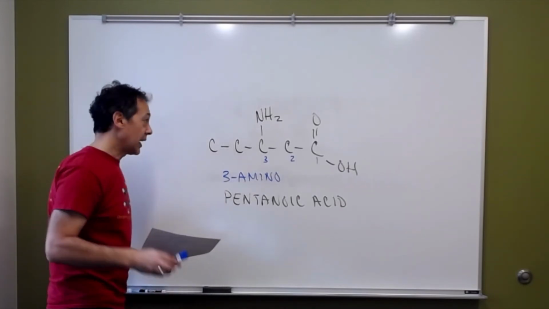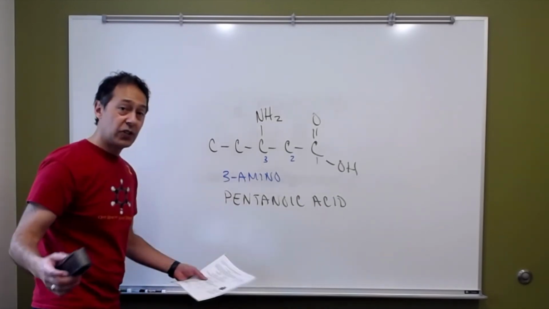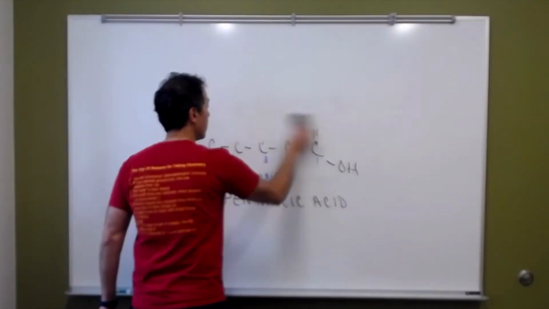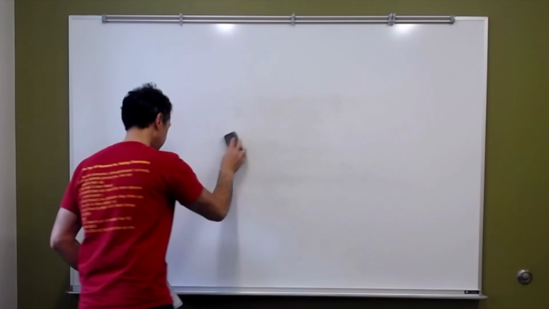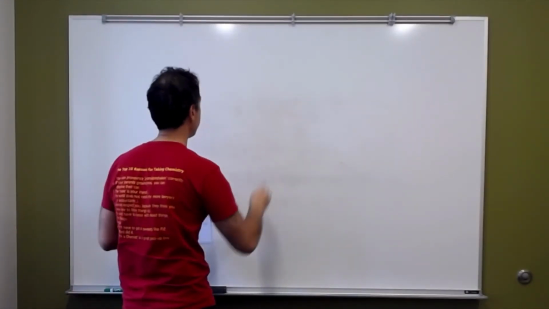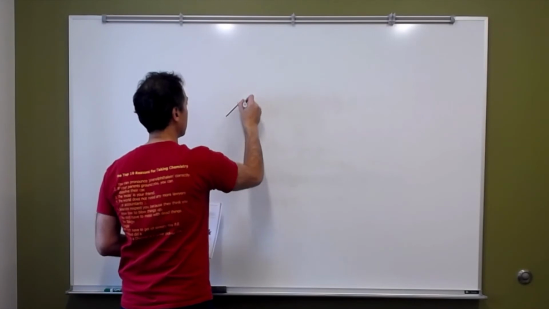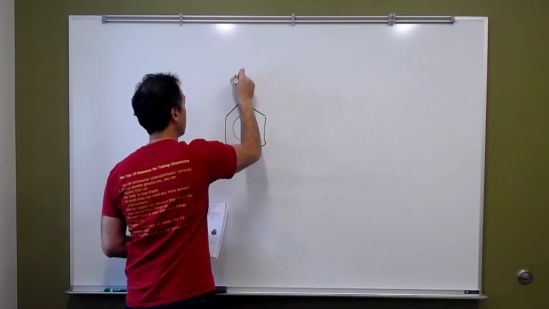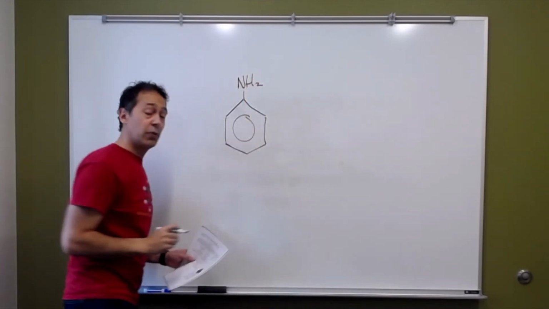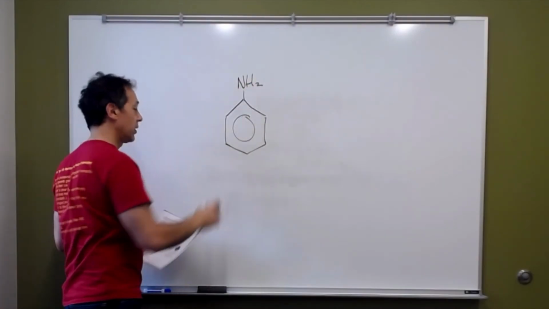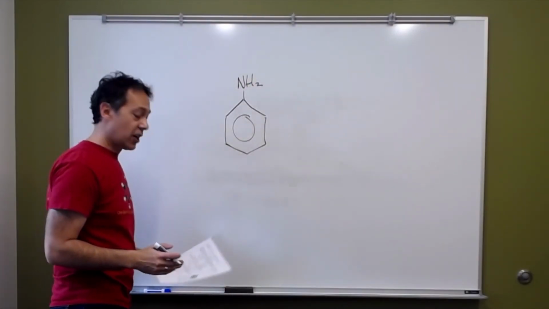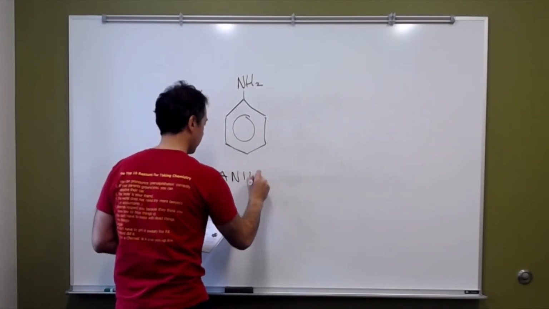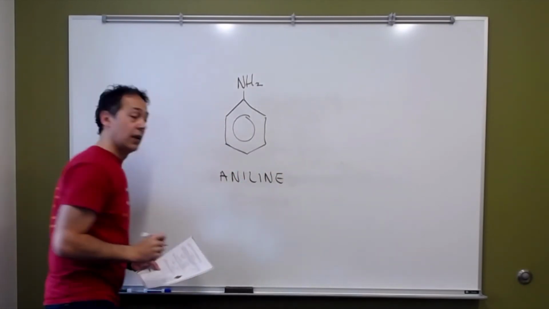And then one last thing here is sometimes we have benzene rings with an amino group attached onto it. So if we have a benzene ring like this, with our amino group like this, this has a fancy name. This is called aniline.